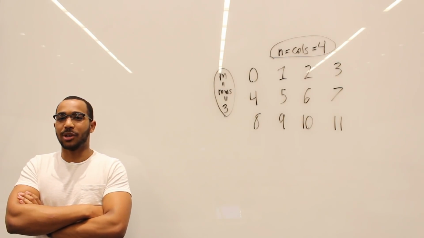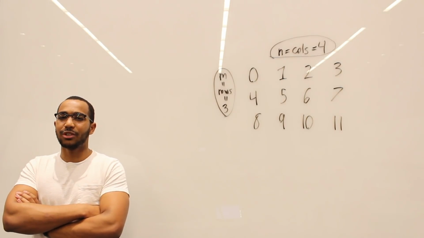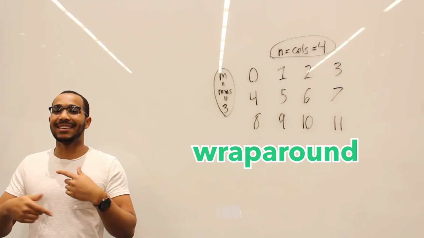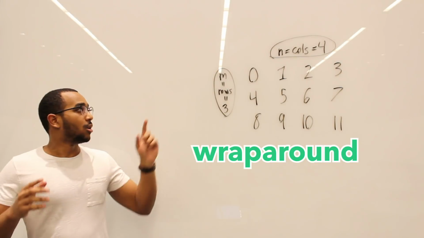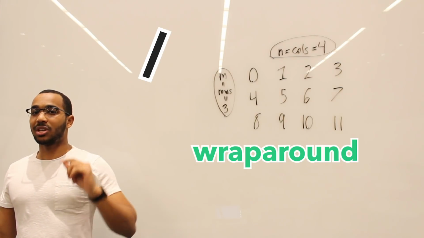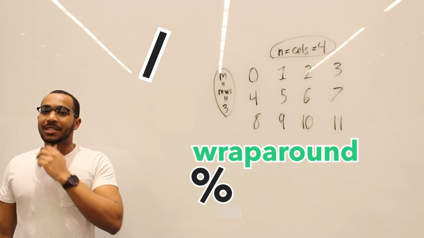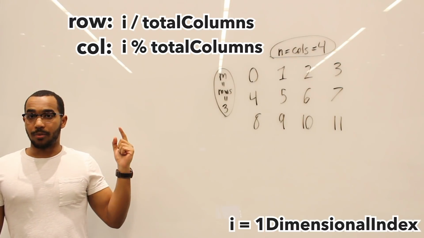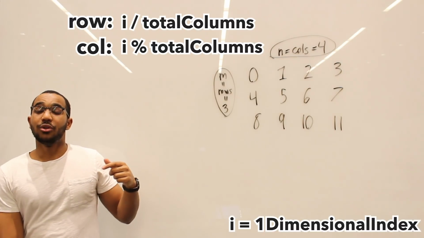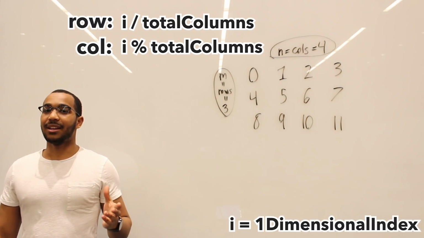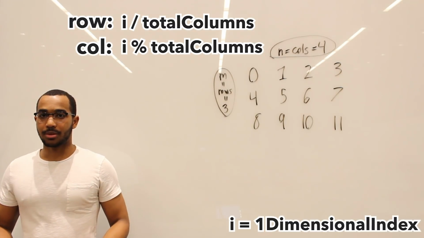It's actually kind of tricky, but whenever we try to do something with wraparounds and with arrays that map indices to where we need to wrap around between different arrays, we normally use a division sign and a mod sign. So this is what the equations look like right there. Our row, if you give me an index, to find the row I'm in, I need to take the index divided by the number of columns.